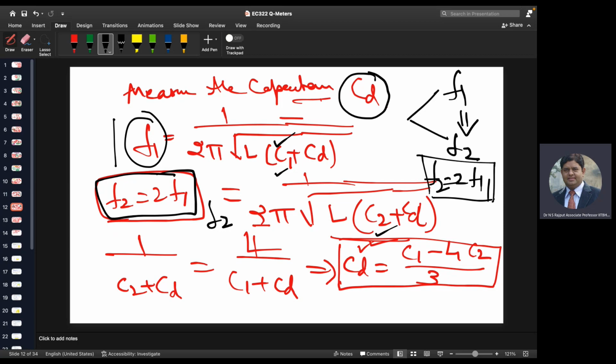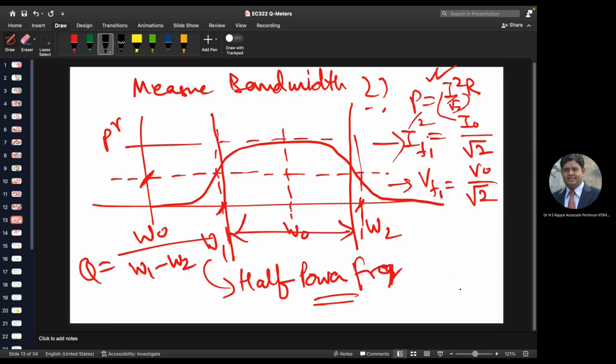Using this relation, I can place it like this and solve these equations, and finally find that CD is equal to (C1 minus 4C2) divided by 3, right? You can also solve and derive it, and make sure that you are able to derive and show it if it comes in the examination, right? So one has to be very careful about the derivations as well.